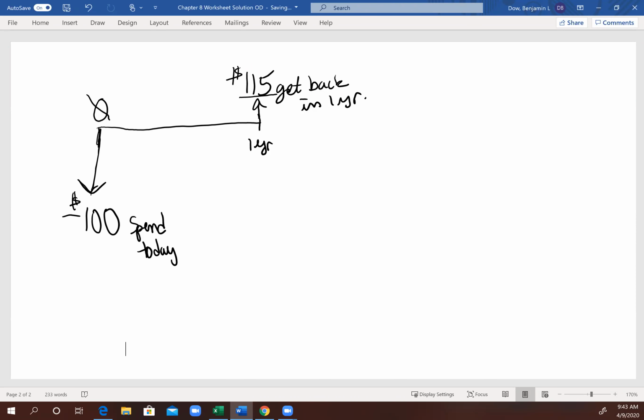Now you say, well, what's the appropriate interest rate? Well, remember, let's assume that this 115 is risk-free, that you know with high certainty that you'll get the 115 back. It does mean you're going to make 15%, and we could figure that out pretty easily. But remember, if you didn't spend the $100 on this project, you could spend it somewhere else.